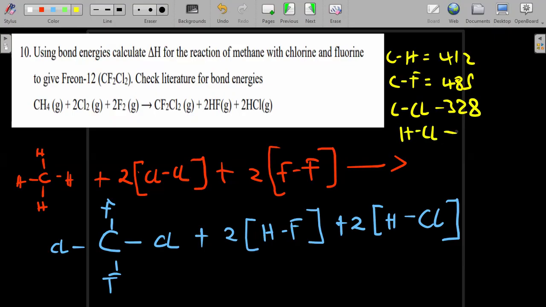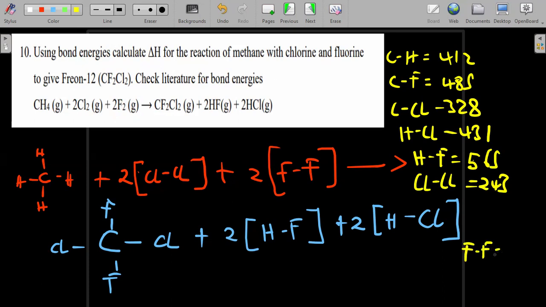This bond has 431. We can also put the HF bond. This bond has 565. Then we have Cl to Cl. This bond has 243. And then the last one is F to F. So F to F has 154. So these are the bond energies that we're going to use.